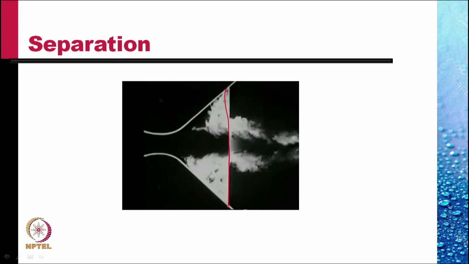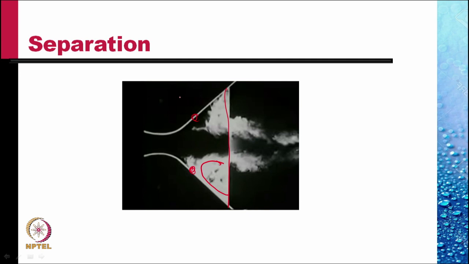You notice that near the wall, the flow is backwards. The hydrogen bubbles formed here are going back and then being washed down. So the flow has separated at somewhere these locations.